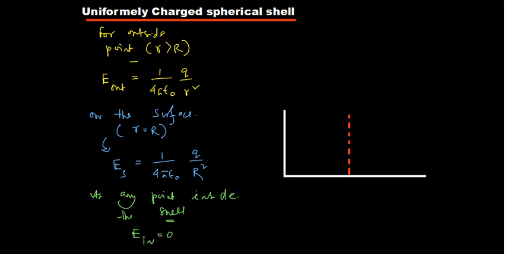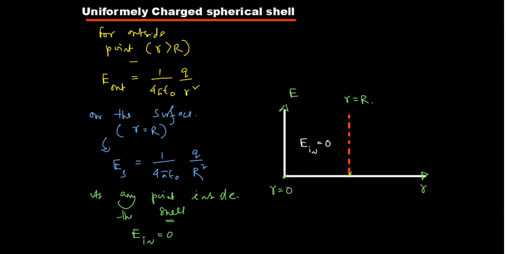So if I want to plot it graphically, suppose this is the E versus r representation we are going to see, and this red marking is r equal to capital R. This point is r equal to 0, so this is the center and this is the boundary on the surface. Between the center and the surface, this is the inside region. So here in this region, E inside is equal to 0.